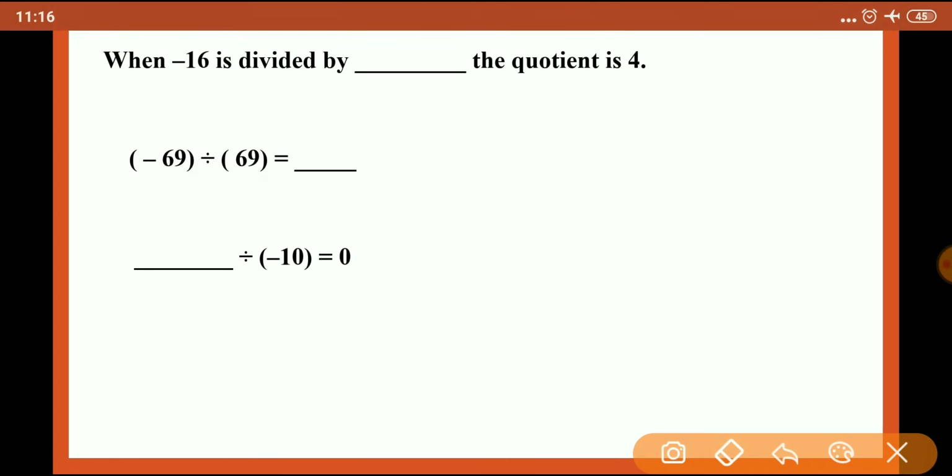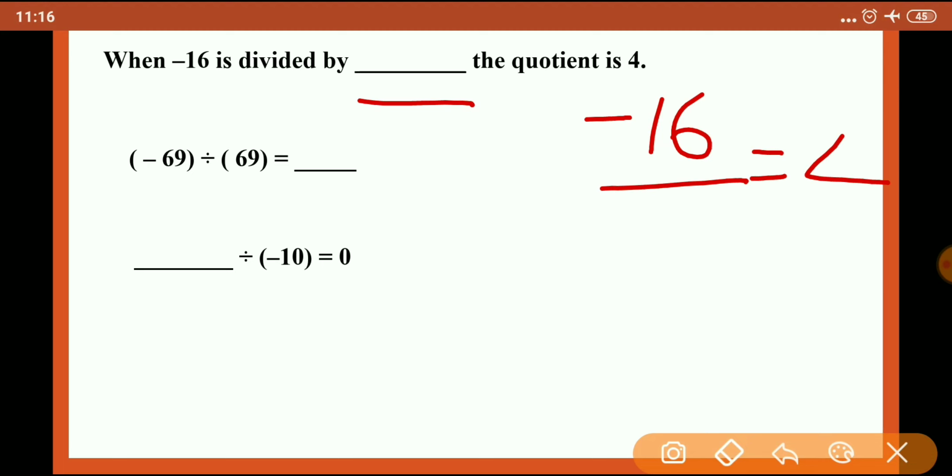Now the next question: when minus 16 is divided by a blank, the quotient is 4. So you have to divide minus 16 by the number so that you get 4. This 4 is positive, so the number should have a negative sign, because dividing same-sign numbers gives a positive number. 16 divided by 4 is 4, so your answer is minus 4.